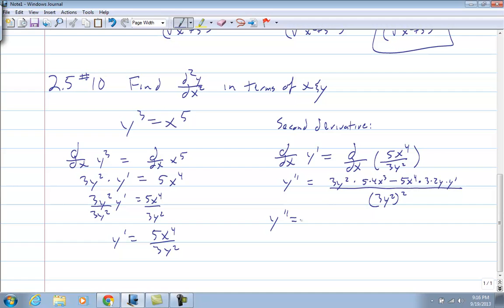So y double prime is going to be, see here, 3 times 5 times 4 is 60x cubed y squared, minus, now we have 5x to the fourth times 3 times 2, which is 30x to the fourth y prime, over 9y to the fourth power.